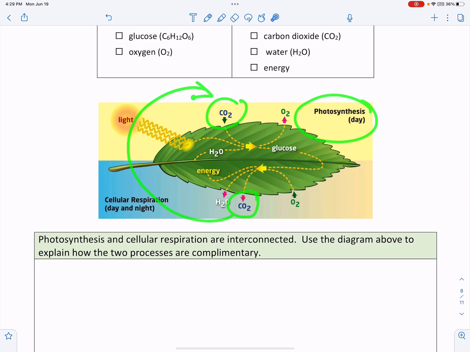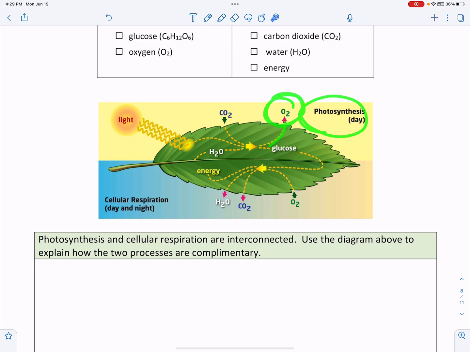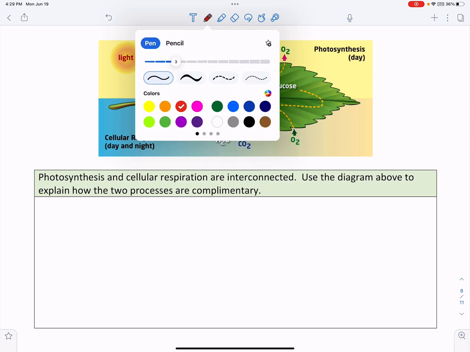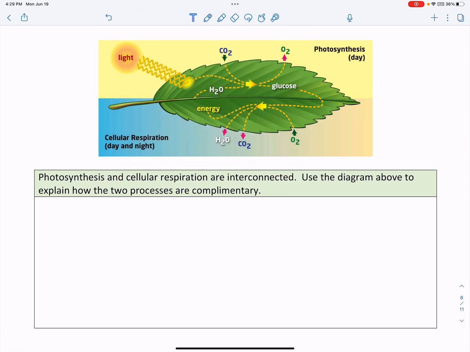The carbon dioxide released in cellular respiration is used by plants in photosynthesis. Plants release oxygen in photosynthesis, and this oxygen is used in cellular respiration. So we say that the two processes, photosynthesis and cellular respiration, are complementary processes.